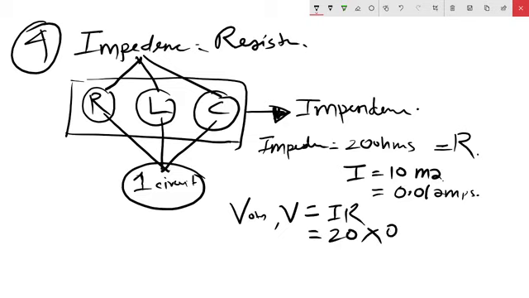The I value they gave is 0.01, so it will give you... wait a minute, I have to convert something.